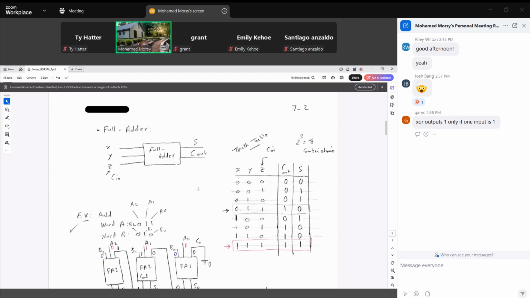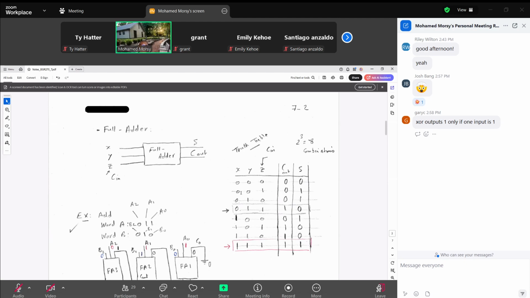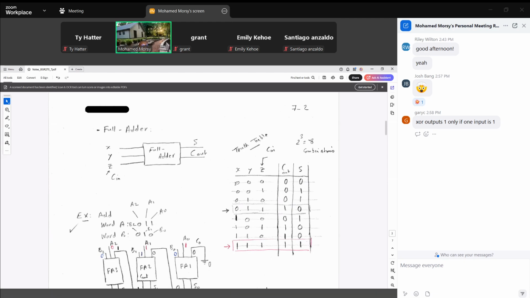Then again, for the next variable, double the length: 0, 0, 0, 0, then 1, 1, 1, 1. So we got 8 unique combinations, no row similar to any other row.